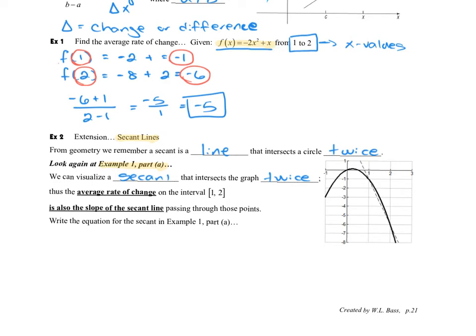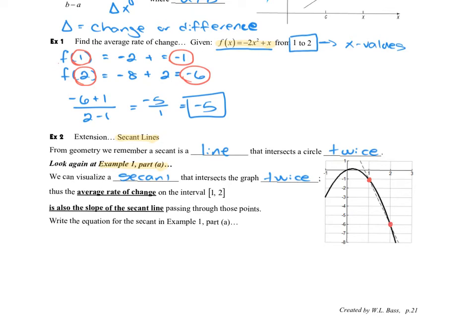Now the next thing that I've done for you is that I have graphed in a line that connects the points that I calculated from up above. So in example 1, I found that there's a point on the parabola at (1, -1), and I found that there's another point on the parabola at (2, -6).